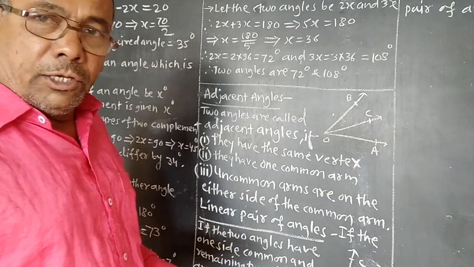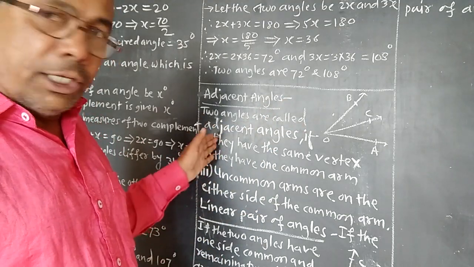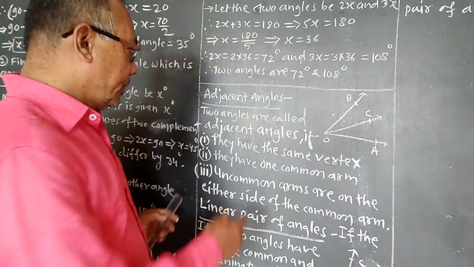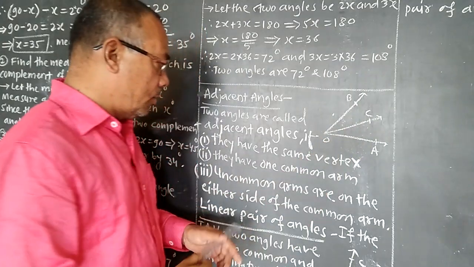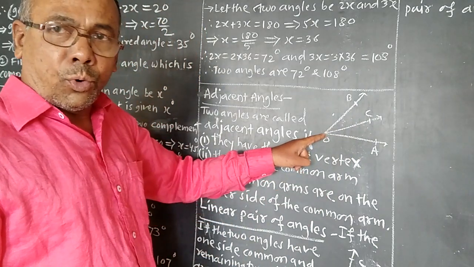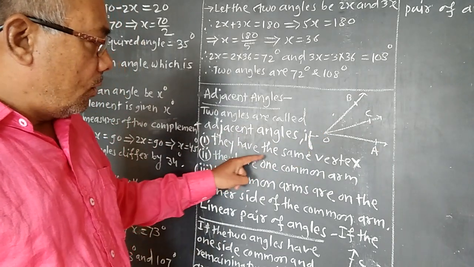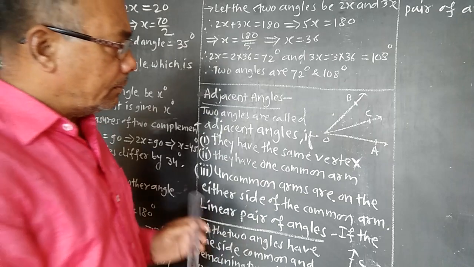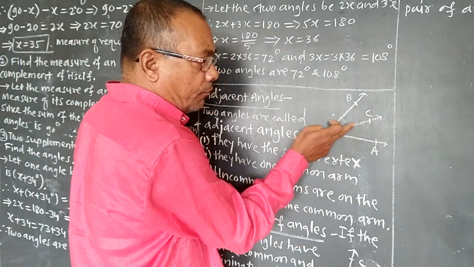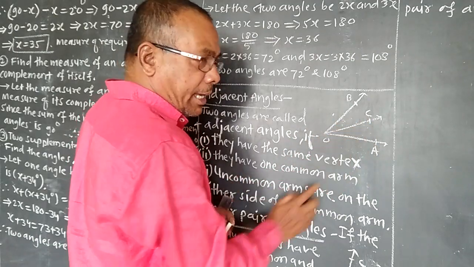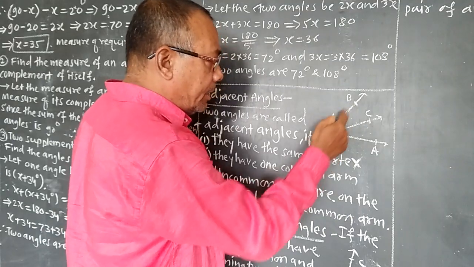Here, if we check the figure, it is seen that the two angles AOC and BOC have the common vertex O. Then they have one common arm. Here OC is the common arm, that is, OC is an arm of angle AOC as well as an arm of angle BOC.